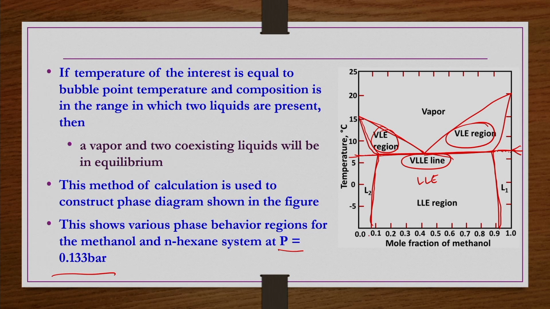Depending on the composition and temperature, you can find out whether one liquid is existing, or two liquid phases are existing, or two liquids and one vapor are existing, or one liquid and vapor is existing. All that you can find out from this phase diagram. Okay. So, this is how one can construct the phase diagram behavior.